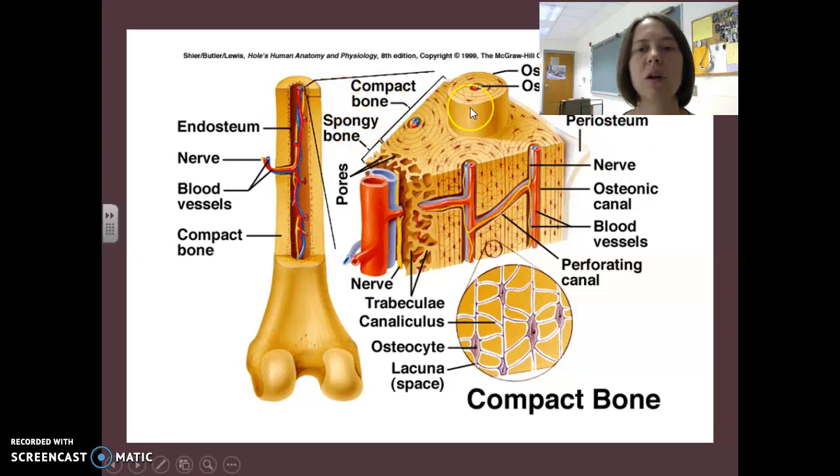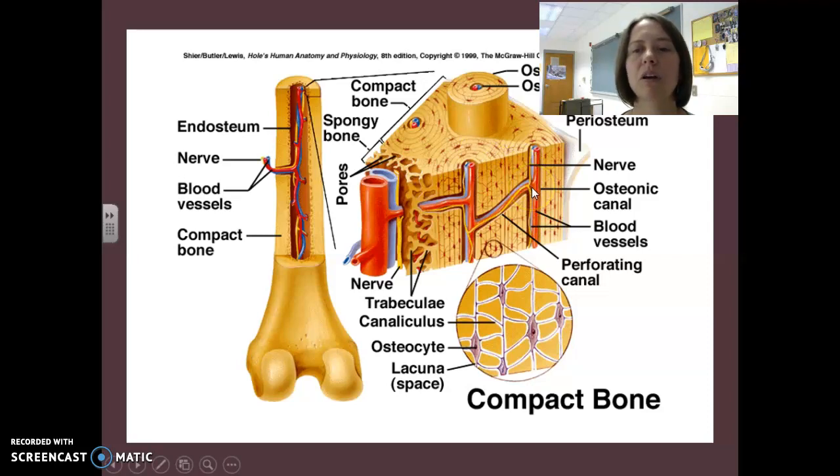So looking at the blown up view, we can see the compact bone is made of these cylinders, which you may not be able to see, it's hidden behind my face, but these are osteons. And then in the middle would be the osteonic canal with blood vessels and nerves. And you can see that these little red dots are the osteocytes, the bone cells, and they can communicate with each other.